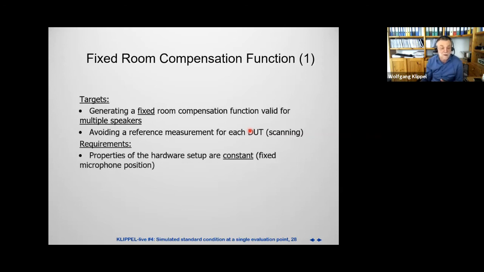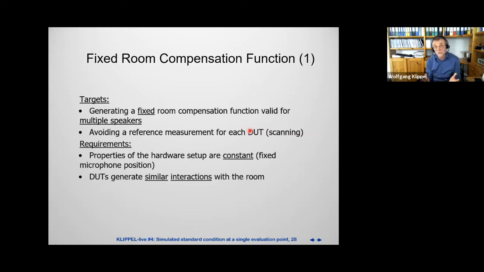But what are the requirements? First of all, we need a very well-defined hardware setup. It should be constant. We need a fixed microphone position. And the second requirement is that the DUT generates similar interactions with the room.